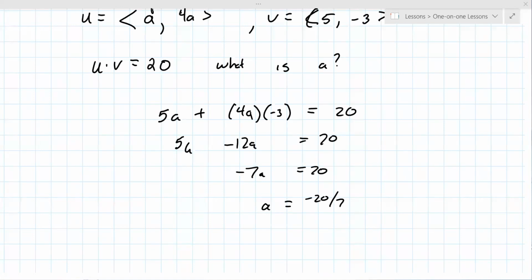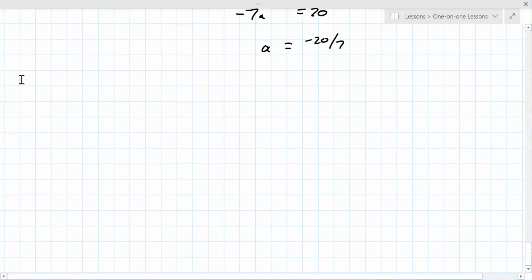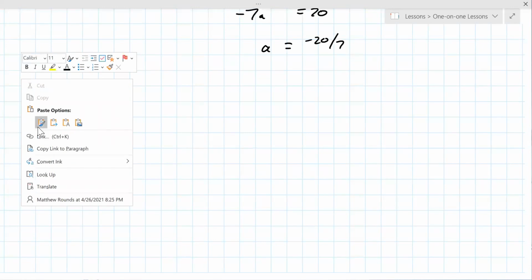Okay, so the more common question is to find the angle between two vectors.